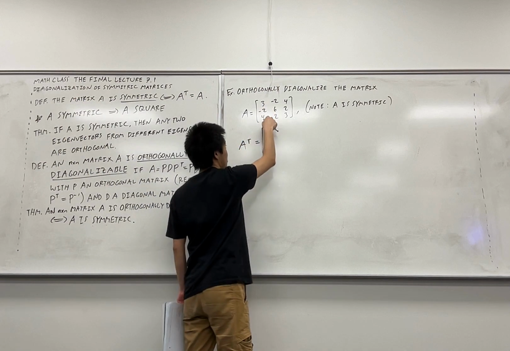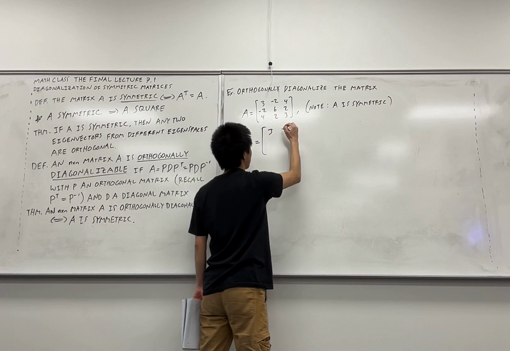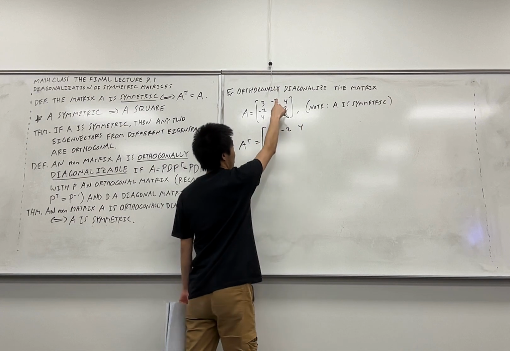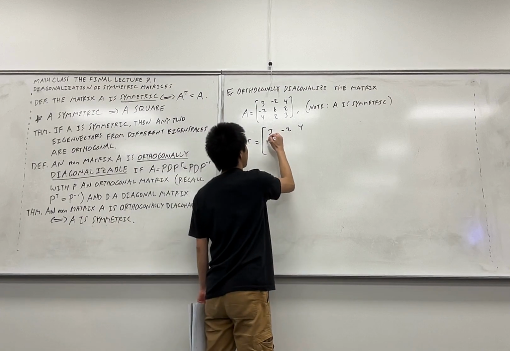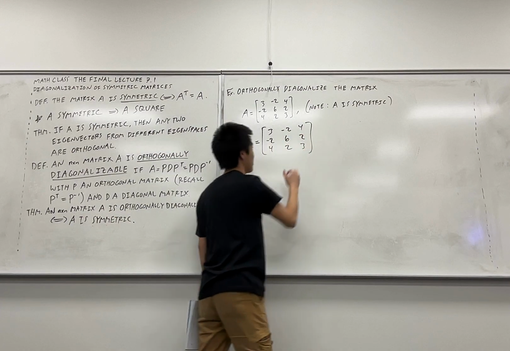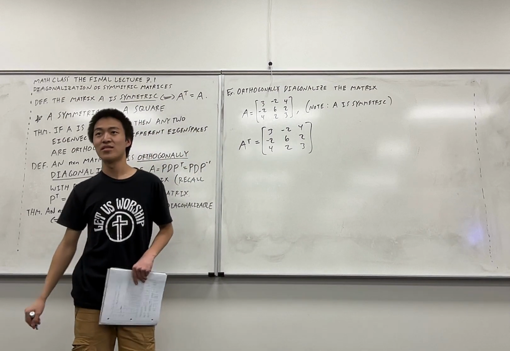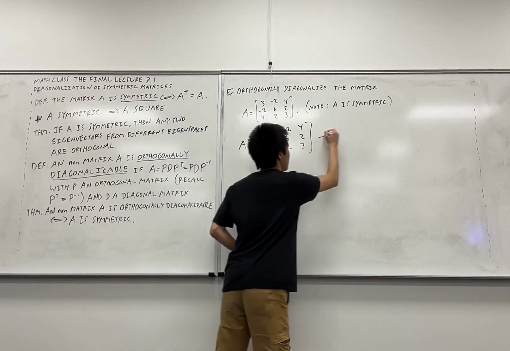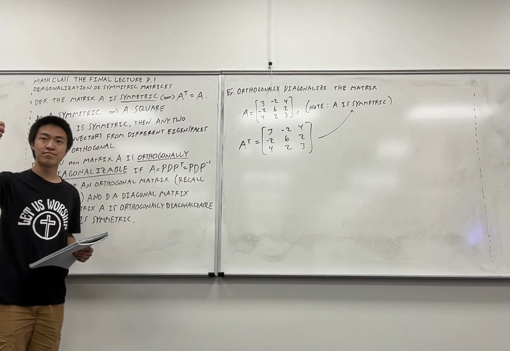So 3, -2, 4. Instead of writing that as a column, I'll write that as a row: 3, -2, 4. I look at my second column. That'd be -2, 6, 2, and then 4, 2, 3. And that's the same exact matrix. So this is how we know it's symmetric. Does that make sense? Cool.